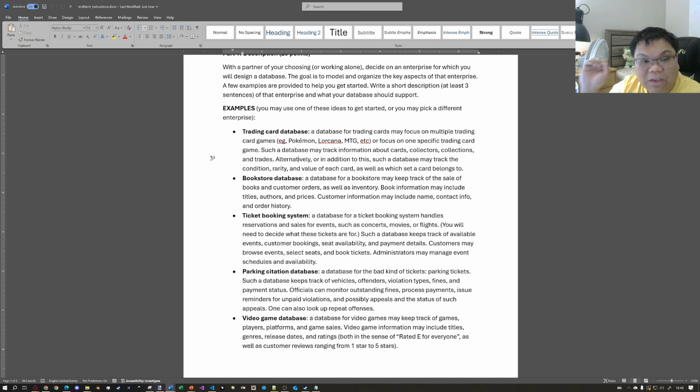Other information that you would also like to include is information on people's individual collections. Or, other information you'd like to include is the condition and rarity and value of each card. Or maybe this is a database for representing deck lists.